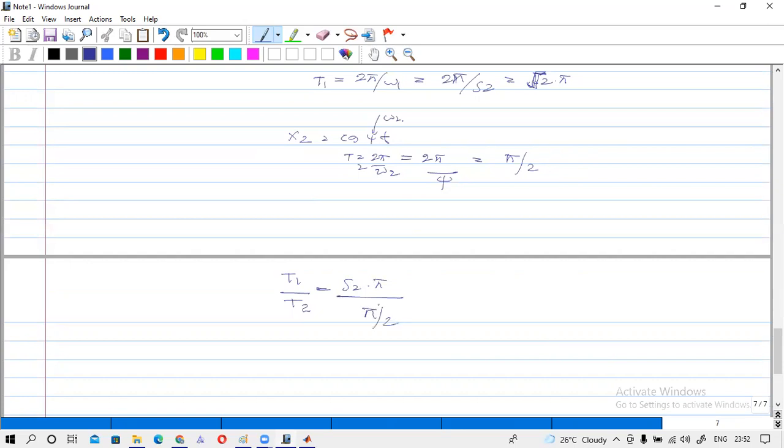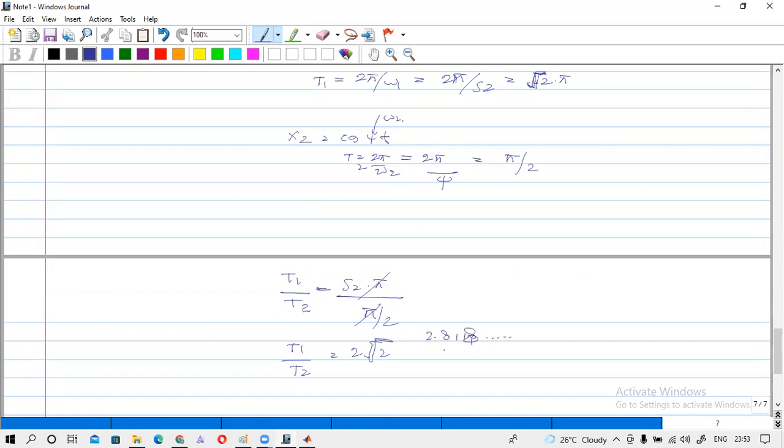So you can see that this pi and this pi cancel out and T1 by T2 is equal to 2 root 2. So you know that root 2 is 1.4 something. If it is multiplied by 2, it will be 2.8 like values. I can't remember it clearly.